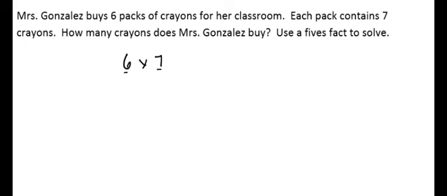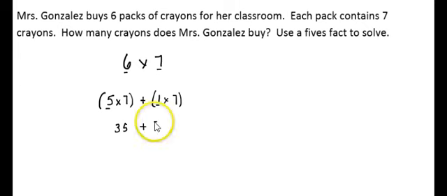To use a 5 fact, I can look at 6 times 7 as 5 times 7 plus 1 times 7. Since 5 and 1 make 6, that will give me my 6 groups of 7. 5 times 7 equals 35. 1 times 7 equals 7. 35 plus 7 is 42.